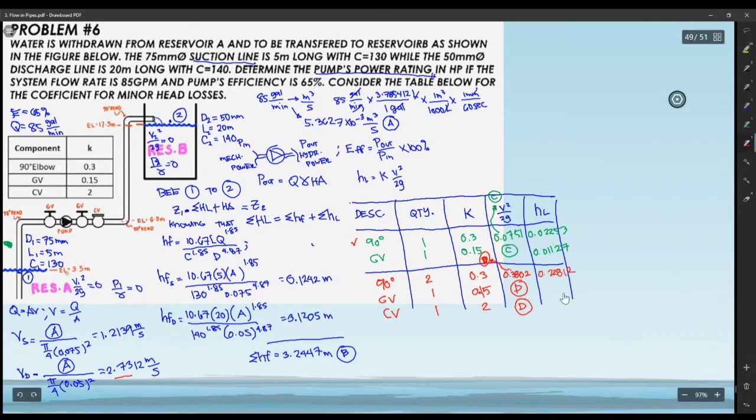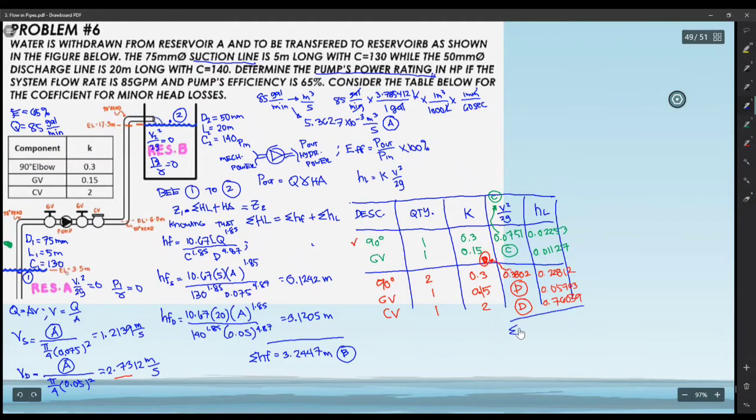Ayan. So, 0.05703. And then last is para doon sa check valve natin. So, isa lang naman yon. And then multiply lang natin ng 2. So, that is 0.76039.